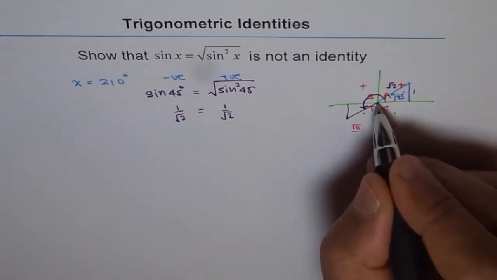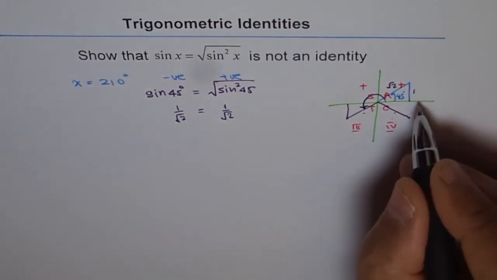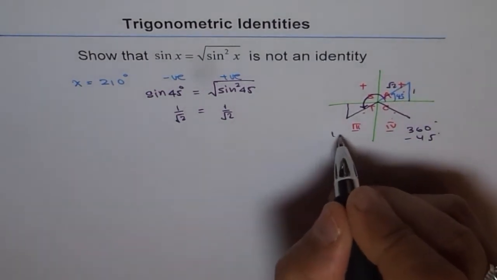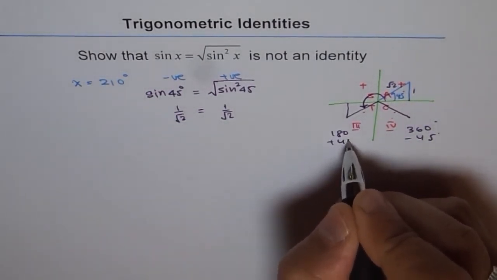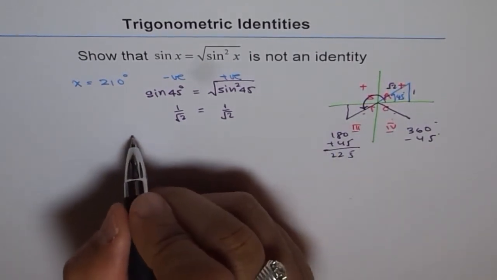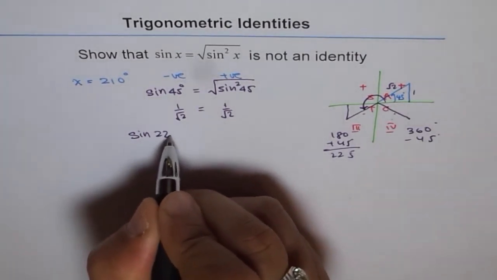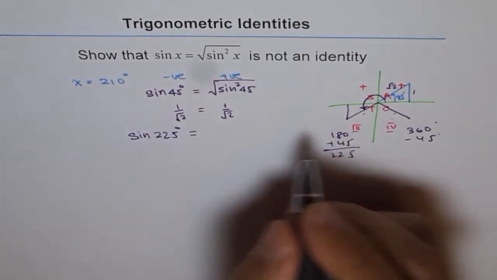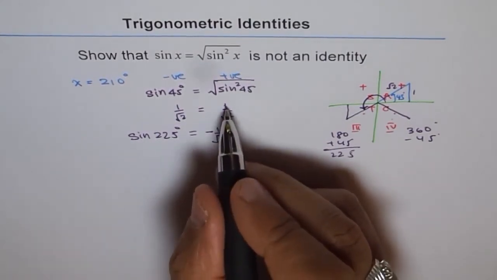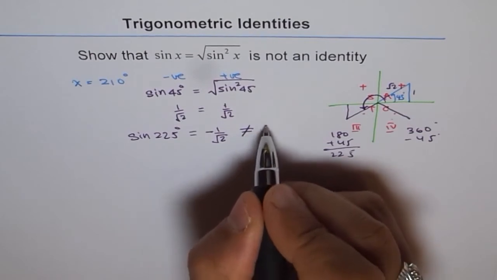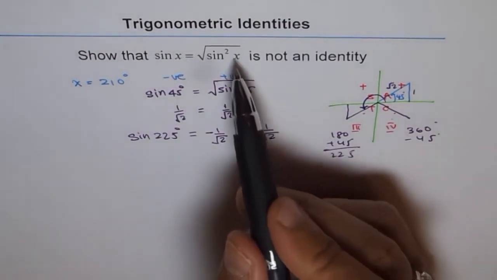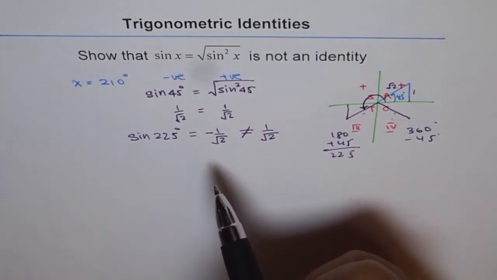If the triangle is here or here, that is 360 minus 45 degrees, or if we have 180 plus 45 degrees, which is 225 degrees, then you'll find the sine of 225 degrees is actually equal to minus 1 over square root 2, which is not equal to 1 over square root 2. Do you understand? That is why this equation is not an identity.